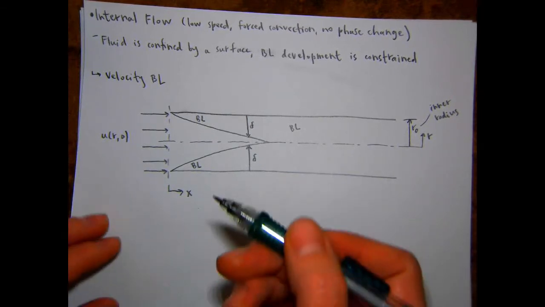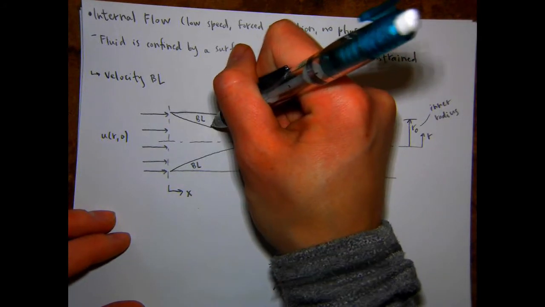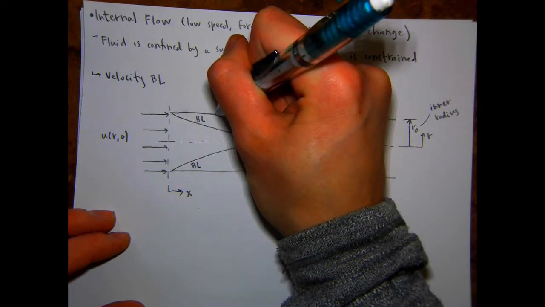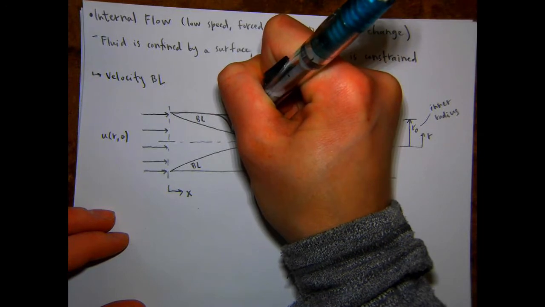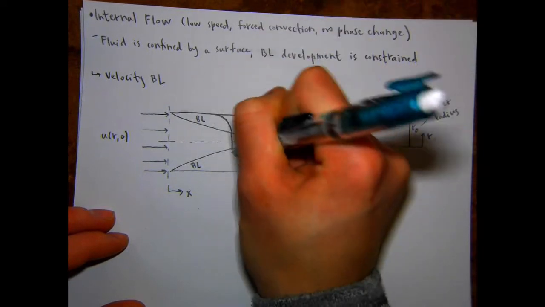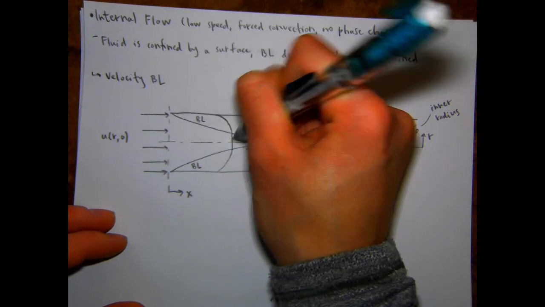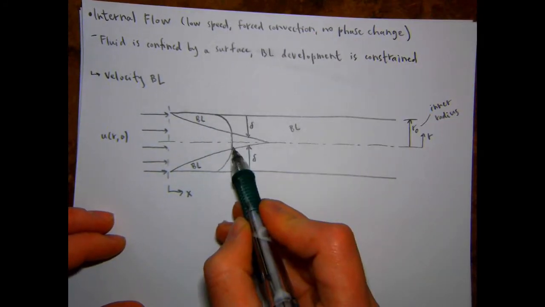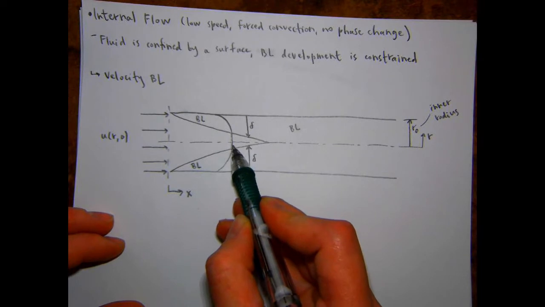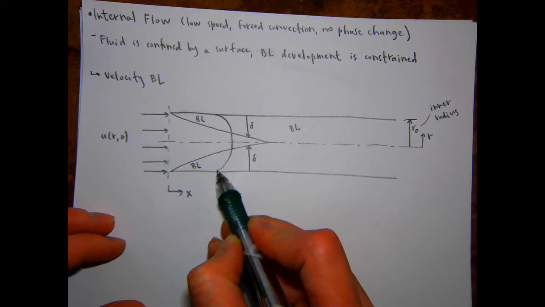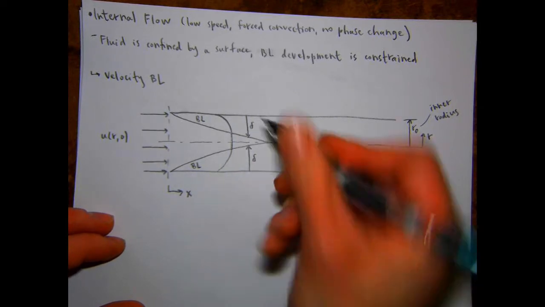Okay, so like we were saying up here, you have some flow that's affected by the presence of the boundary layer, some flow that is still maintaining its original velocity, so that's a flat profile right there, and then going back to the boundary layer where the flow is slowing down.